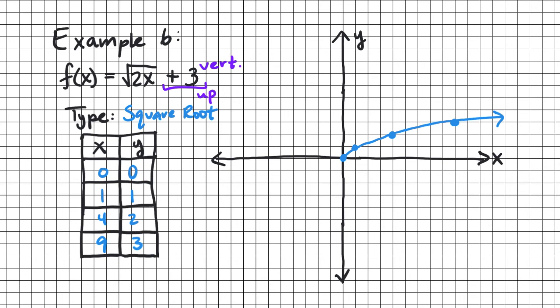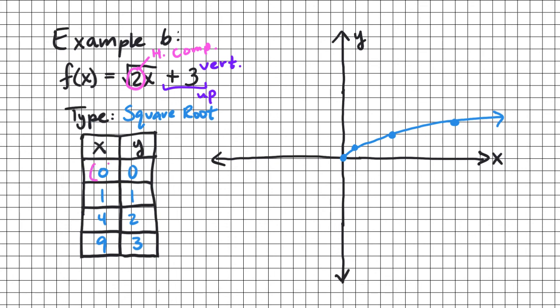Okay, and then the interesting part is what's happening inside. Inside the square root, there's a times 2. So this is a horizontal compression. And horizontal is affecting the x-axis. So vertical dilations affect the y's, horizontal dilations affect the x's.